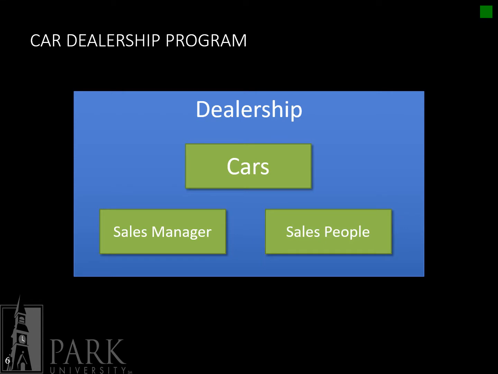In implementing the program, we're going to define 4 classes: the car, manager, salesperson, to implement the non-trivial parts. And of course, we're going to have the dealership class as well. And the dealership class is going to contain the 3 part classes. For each of the 3 class relationships, dealership to car, dealership to salesperson, and dealership to manager, is the relationship a composition or an aggregation?